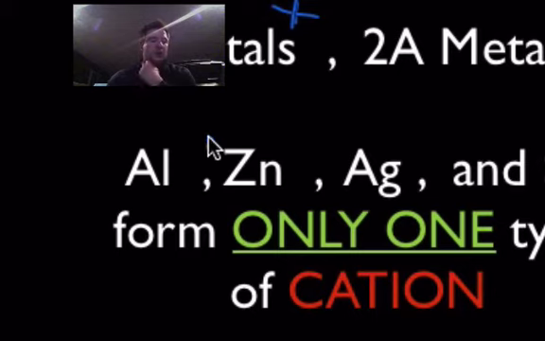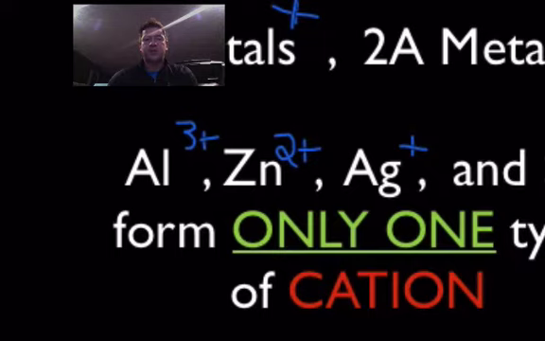Aluminum actually has a 3 plus charge. Zinc has a 2 plus charge. Gold is going to have a 1 plus charge, and scandium is going to have a 3 plus charge.